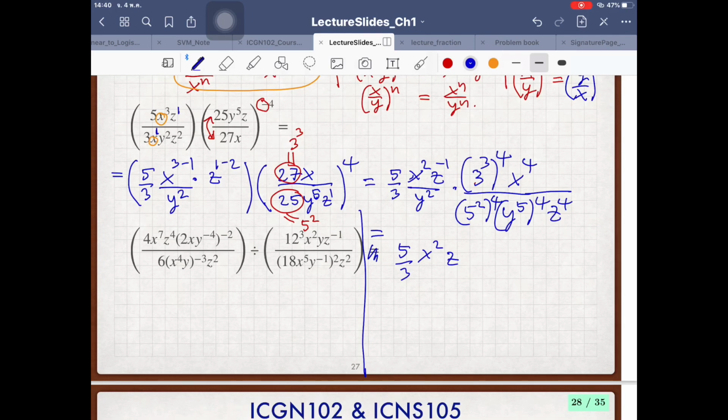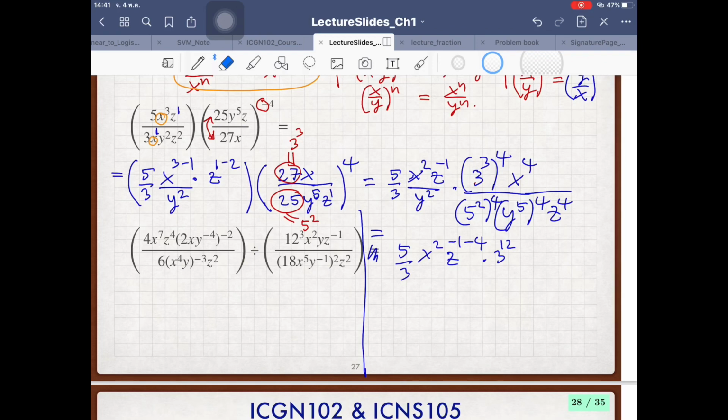All right, here try to combine the terms that are the same, or the like terms. For example, here you have z and z. So when you combine the two terms, you get the power minus 1 minus 4 again. The next term you have 3 to the power 12, x to the power 4.